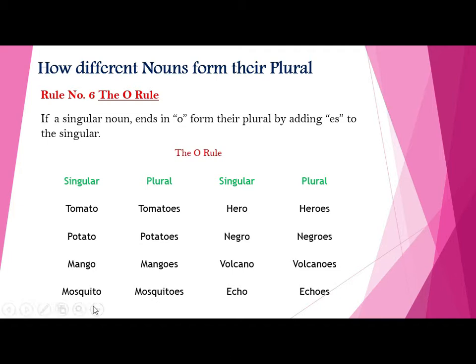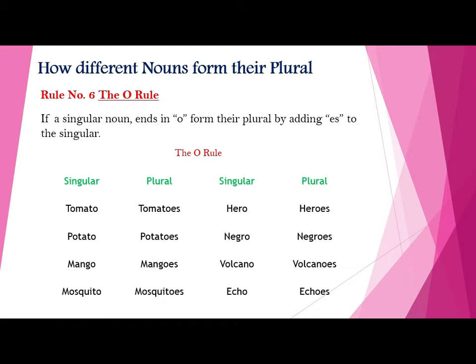As it is clear from these nouns, we defined the O rule such that if a noun ends with O, like in this singular noun, it ends with O. Here potato, O. Here is O, and in mosquito the O is at the end of the word.